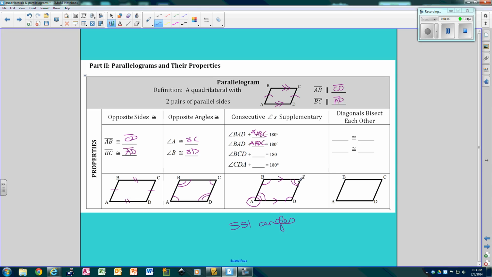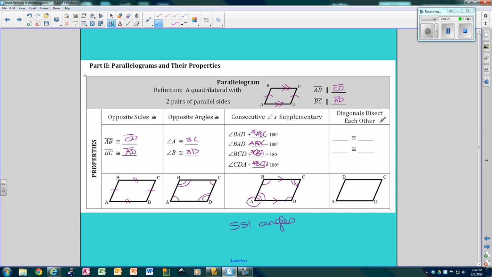It's going to be supplementary to angle CBA, and it's also going to be supplementary to CDA. Same side interior angles. So opposites are equal, neighbors are supplementary.